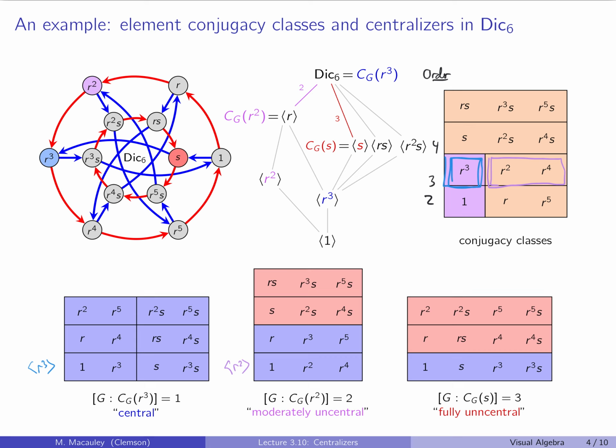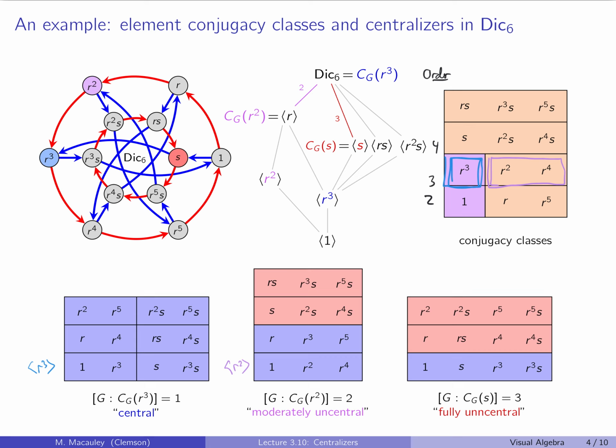And finally, we get to s. That generates an order 4 subgroup. I could call this s squared, s cubed if I wanted to, but I'll just use the same elements. And there are 3 cosets. And only elements in this cyclic subgroup commute with s. s doesn't commute with any of these other 8 elements.